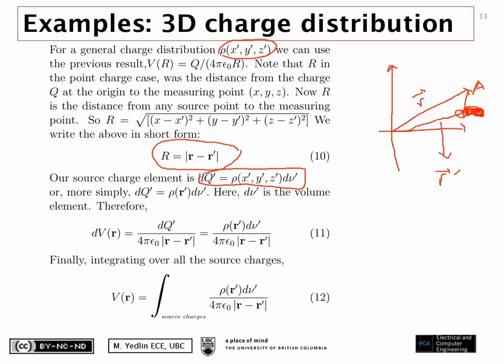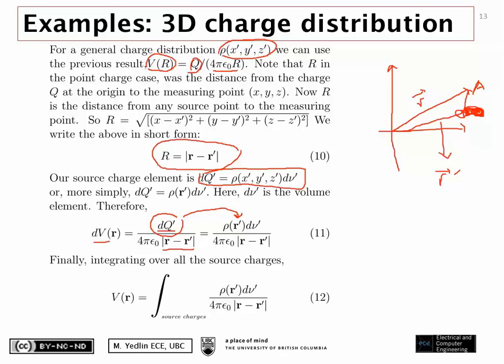So an element of potential is dq over r. That's exactly the same as this. See, we have potential as charge divided by distance. So the element of potential is equal to the element of charge divided by the distance from where we are to where the charge is located. Now this element of charge is equal to rho times dV. The primes indicate we have sources.